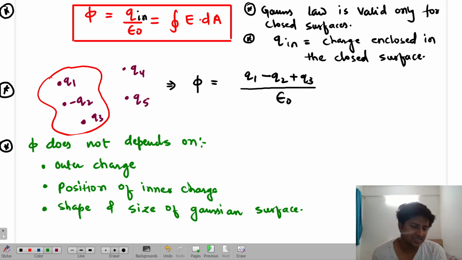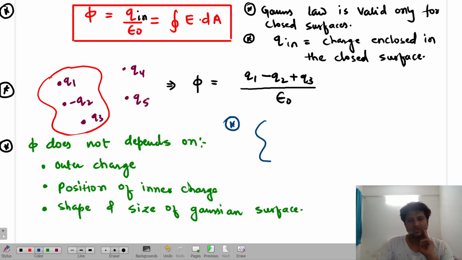Now the question arises that how to define, see, I can define the Gaussian surface, I can define the flux, but flux is also related with electric field at a particular point, isn't it? And if it is non-symmetrical, then electric field is totally different at each and every point, isn't it? So how to find the electric field at any point if a Gaussian surface is given?